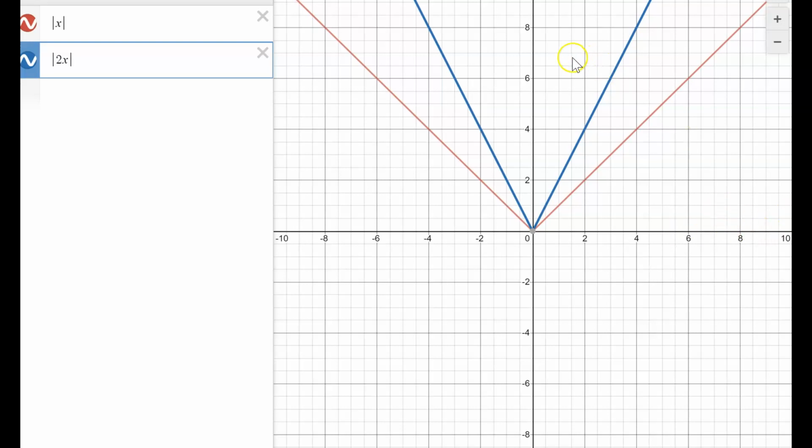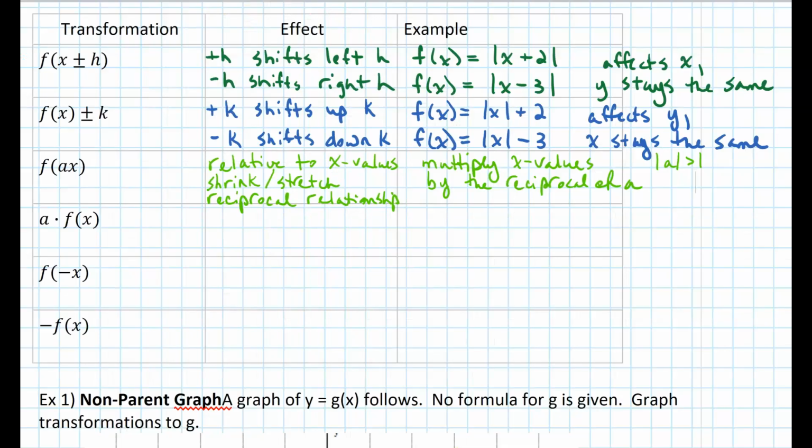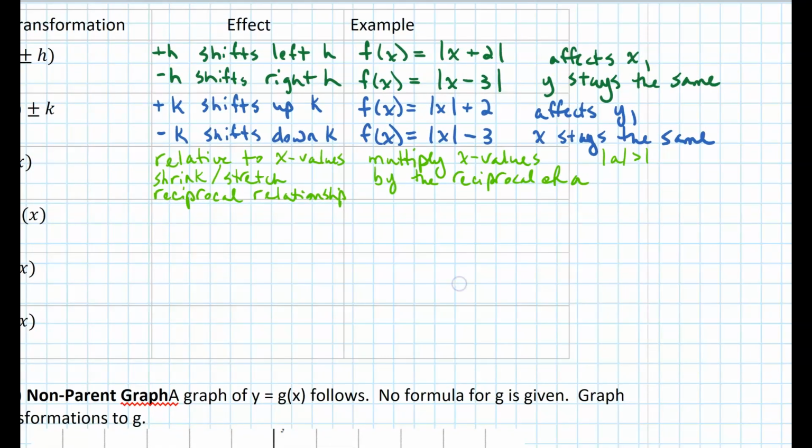Away from the x-axis. It is shrinking away. So the blue line would be a shrink of the parent function? Yes, a shrink from x. So this is a shrink, or let's say it's a horizontal shrink.